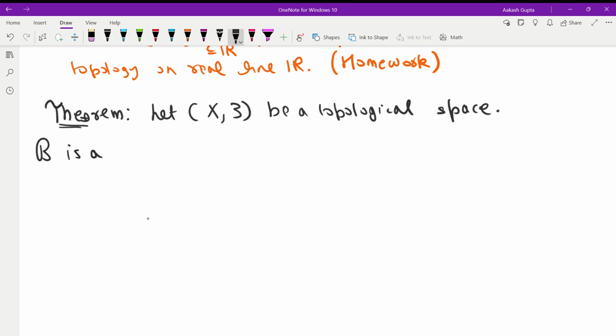Then B is a basis for (X, tau) if and only if, let us see carefully, what is the equivalent statement?